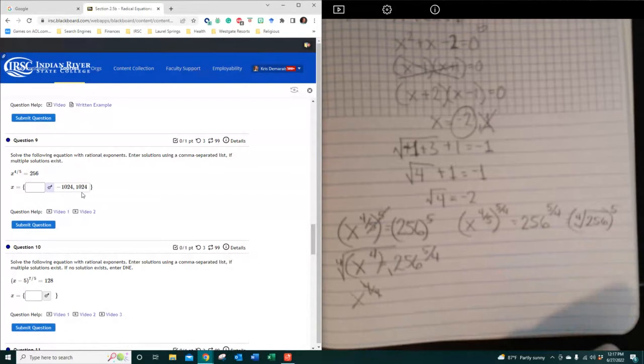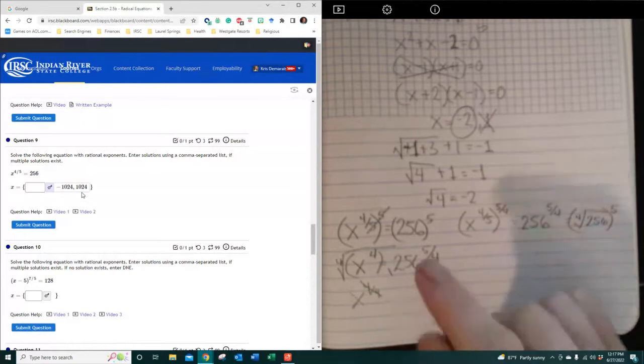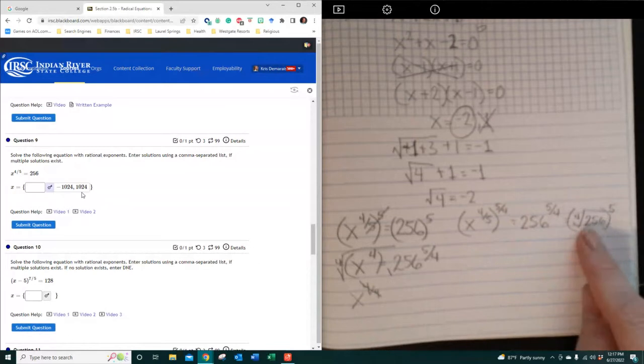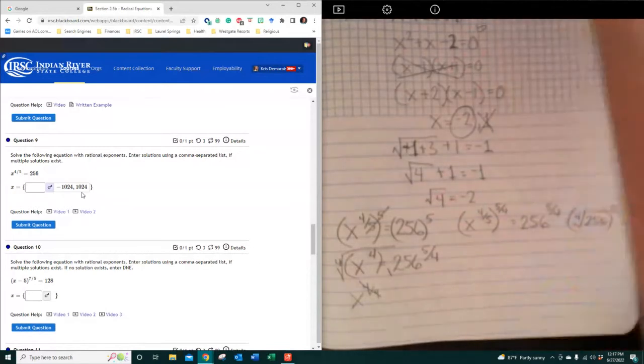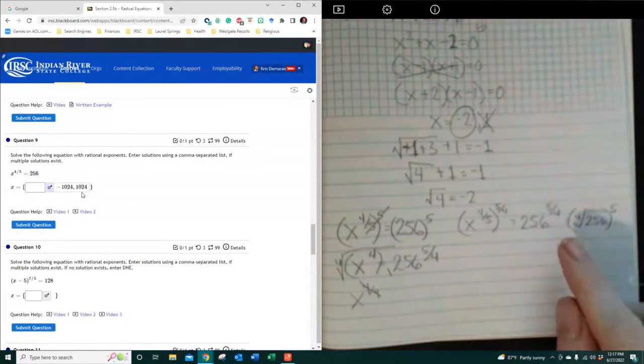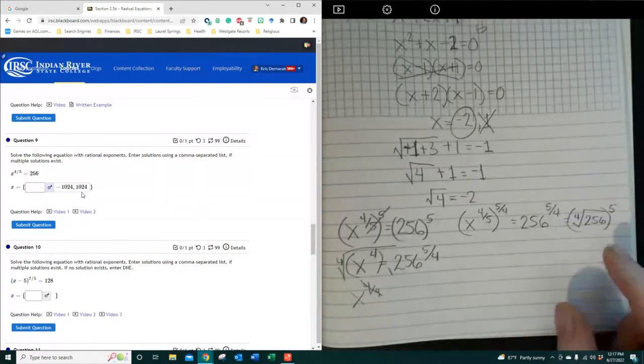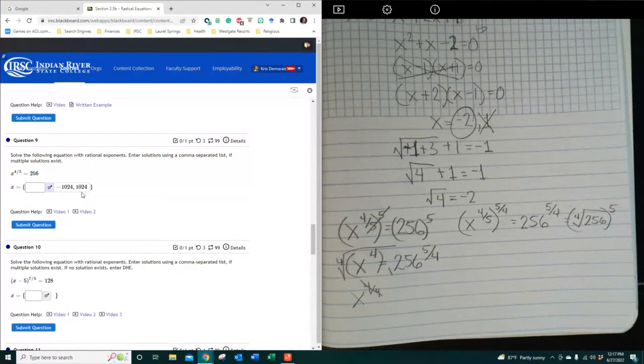It's just the nature of even indexes, but we definitely want to get the plus or minus sign in there whenever we're taking radicals of things. And this is in fact a radical. I want you to get used to that concept, but this one is just a matter of learning how to use your calculator.